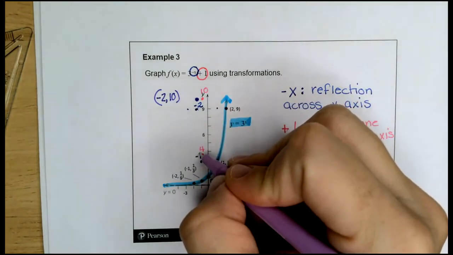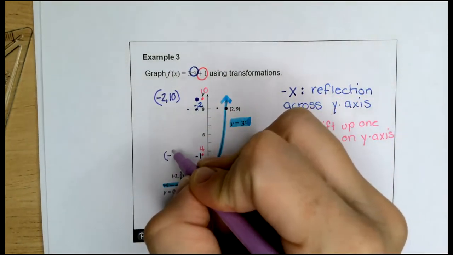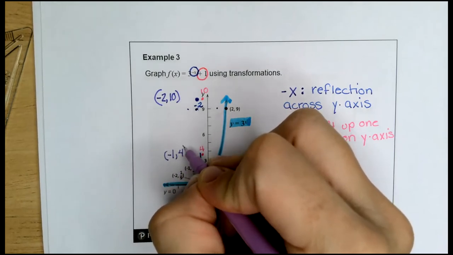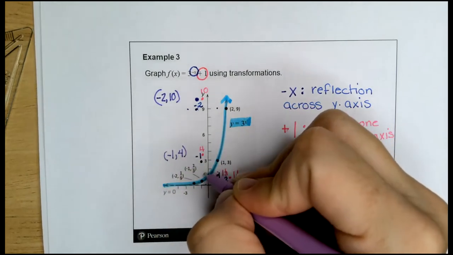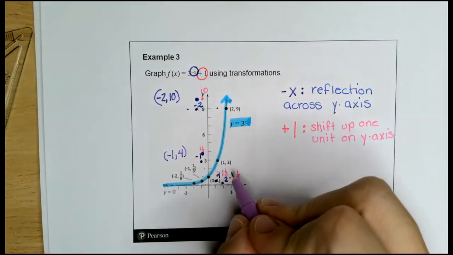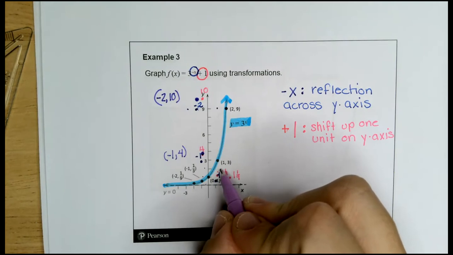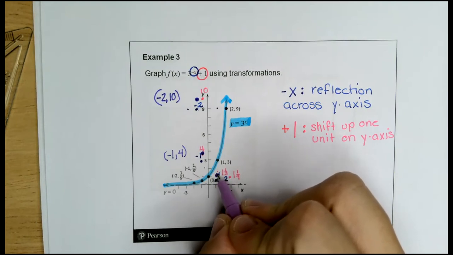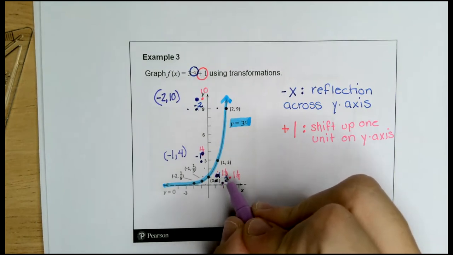Here I have a -1, 4. -1, 1, 2, 3, 4. Here I have a +1, 1 1/3.